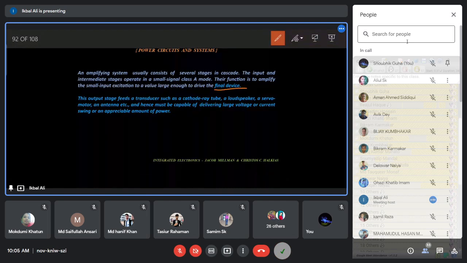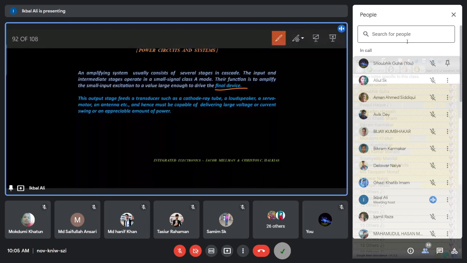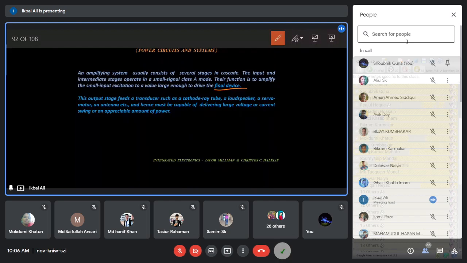Or an antenna: if you are at the transmitter end, then at the final stage you need to transmit the signal through an antenna, so the signal should be such that it can drive the antenna. So these are the final devices, and hence must be capable of delivering large voltage or current swing or an appreciable amount of power. This final device, you need to drive the device.